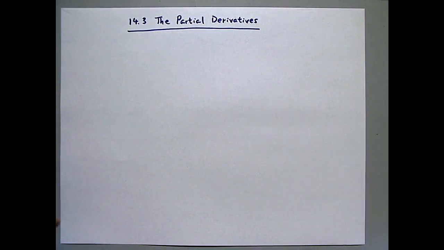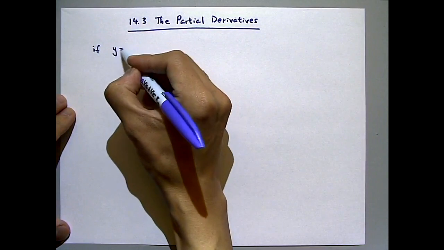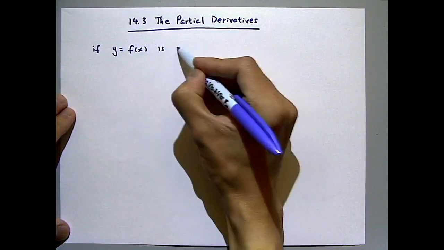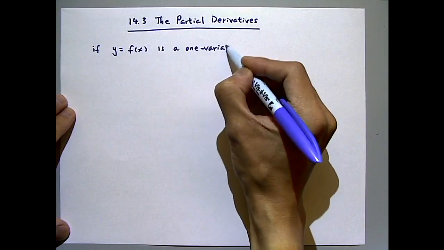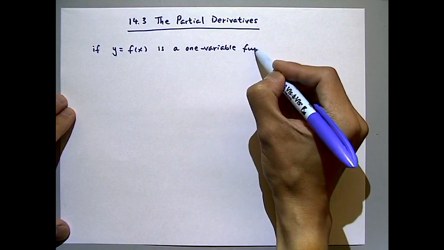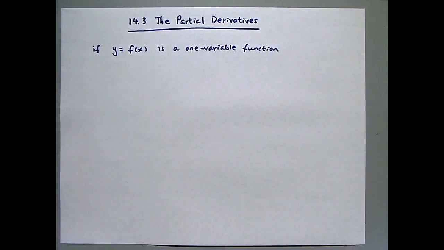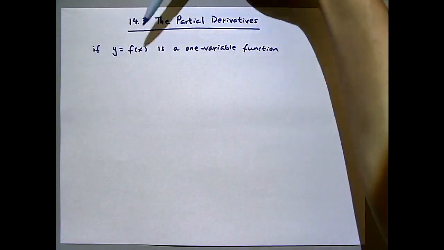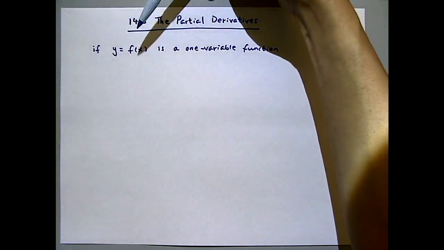So if you think back to a one-variable function, if y is equal to f of x is a one-variable function, then when we talk about how y is changing, the only way we can attribute that change is to attribute it to x, right?